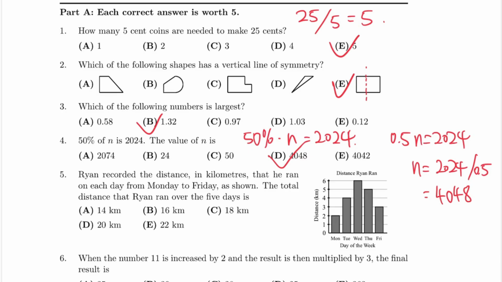So number 5, Ryan recorded the distance in kilometers that he ran on each day from Monday to Friday as shown. The total distance he ran over the 5 days is, okay, so we need to point out the distance for each day.